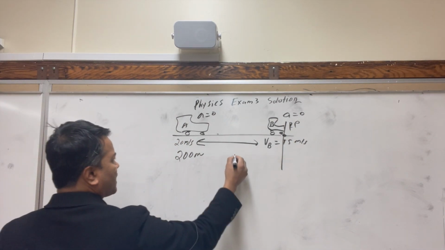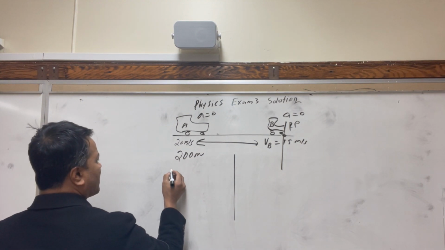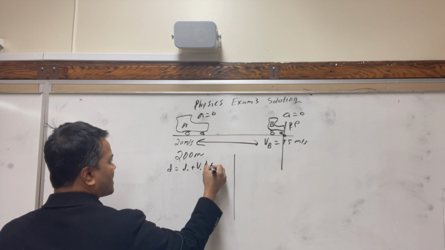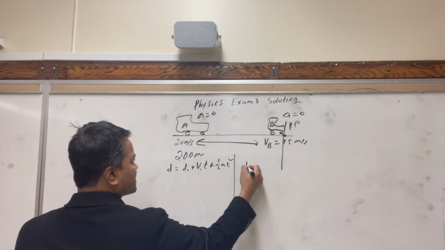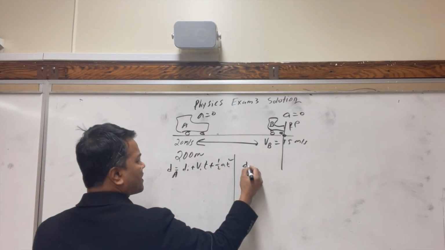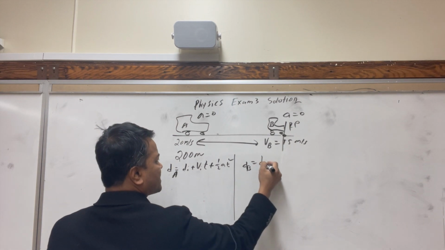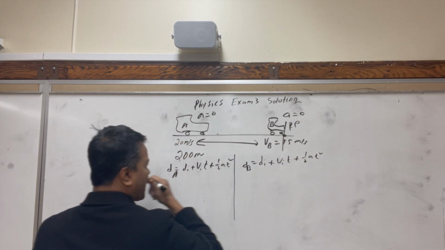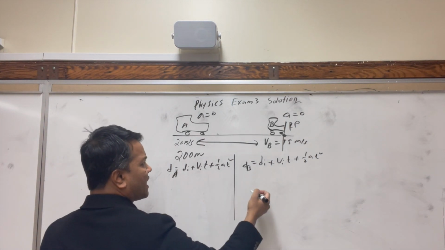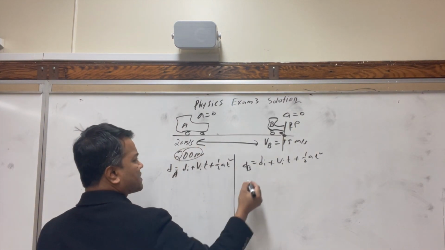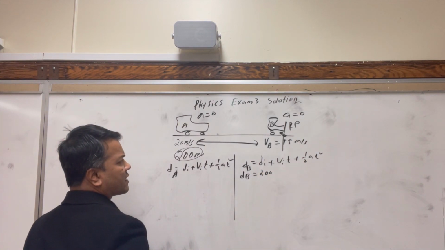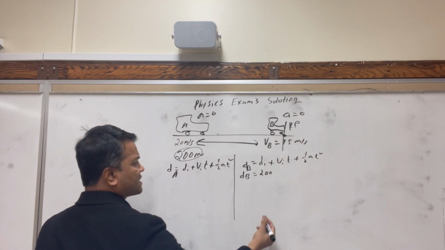All right, so the equation for car A: d is equal to di plus vit plus half at squared. For car B, d is equal to, of course, di plus vit plus half at squared. Di we can say is 200 for car B, because car B has a head start.